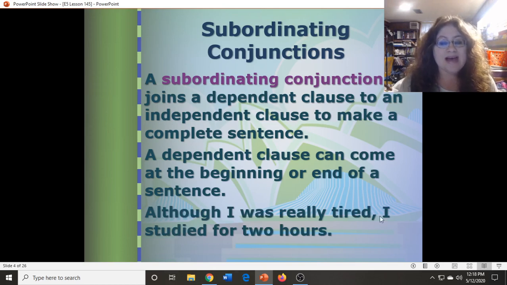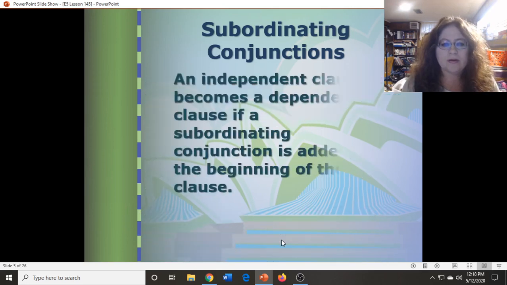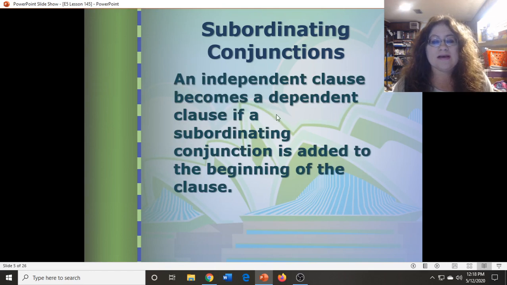Although I was really tired, comma, I studied for 2 hours. See how this dependent clause gets connected to an independent clause. An independent clause becomes a dependent clause if a subordinating conjunction is added to the beginning.